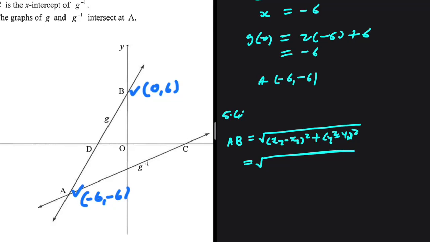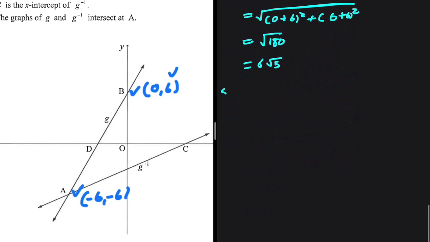If we take B as our second point, we're going to have 0 minus minus 6, so that is just 0 plus 6 squared. Plus y2, the y value of B is 6, so that will be 6 minus minus 6, so that is 6 plus 6 squared. So this will be 6 squared, 36, and then 12 squared, 144. 144 plus 36 is 180. So AB equals the square root of 180. Obviously, you can further simplify that and get 6 square root of 5.